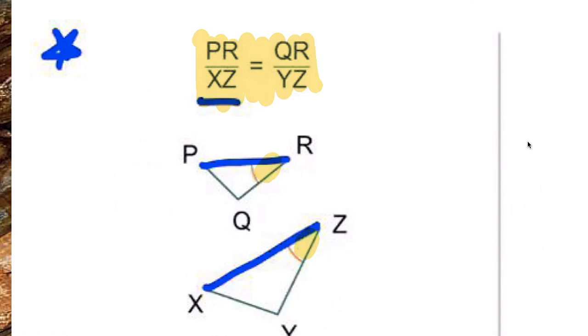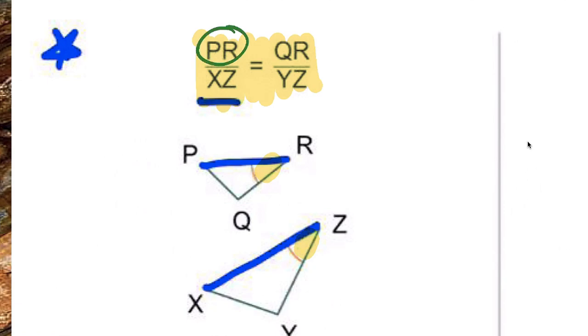Similarity doesn't have a way for you to mark the sides like congruence does. Congruence, we'd put the little tick mark to match them up. And historically in my classes, my students have come up with a way to mark the sides in ratio. They used a squiggle rather than a congruency marking. So I'm going to go ahead and use their marking system.